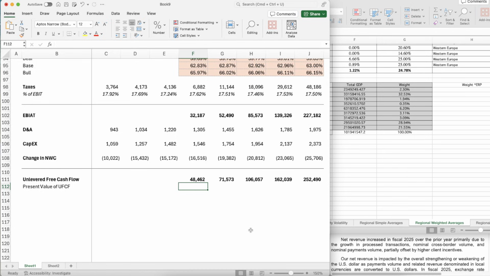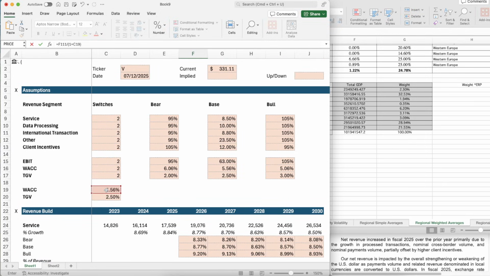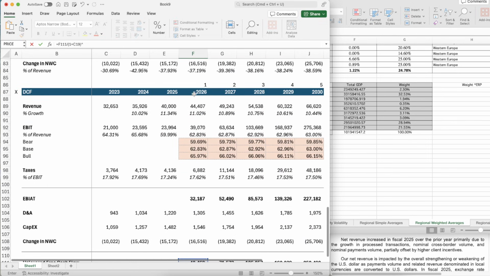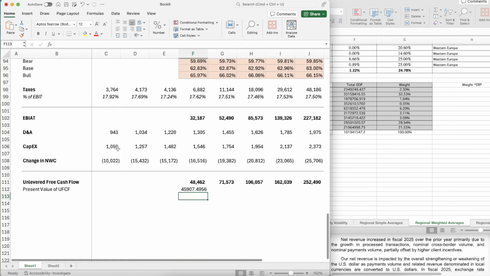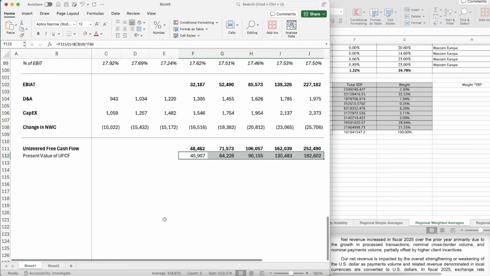To calculate the present value of unlevered free cash flow, we take the unlevered free cash flow and divide it by 1 plus the WACC to the power of the year that we're looking at. Let's remember to lock your WACC in. There we go. Just copy across. There we have it.